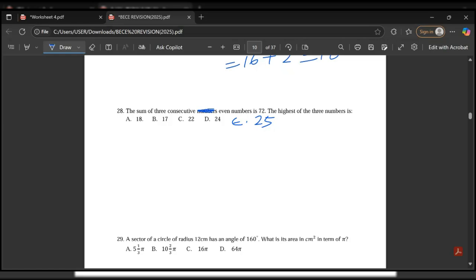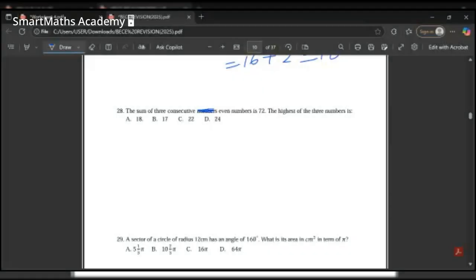The highest of the 3 numbers is, so we have to find the highest of the 3 numbers. When we have even numbers, the first even number is 2, 4, 6. Consecutive numbers are numbers that follow a particular pattern. The particular pattern of even numbers is increasing by 2, 2, 2.